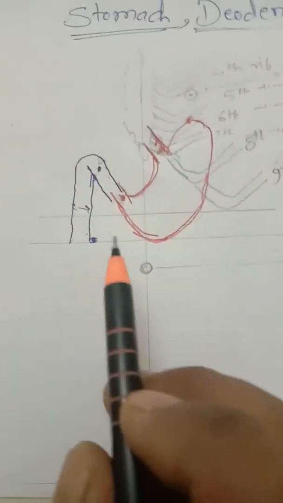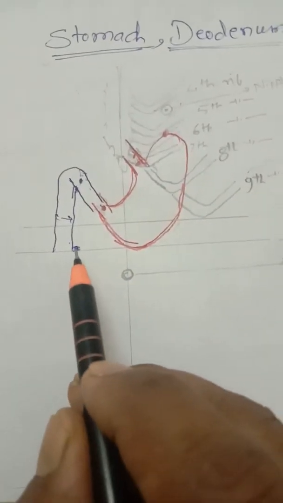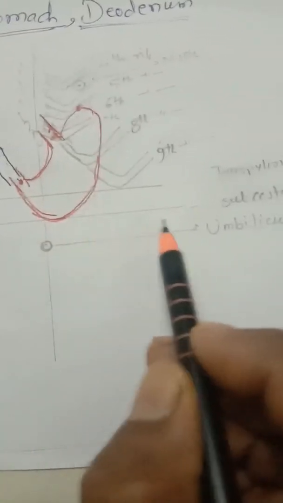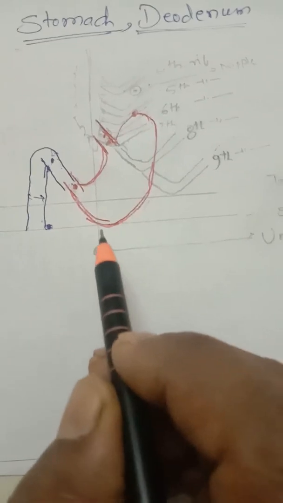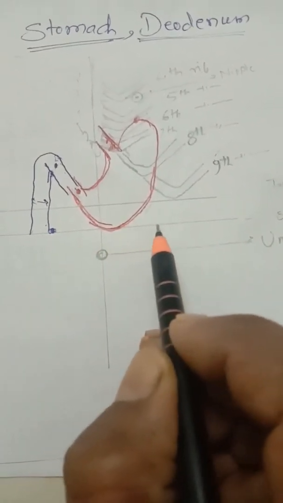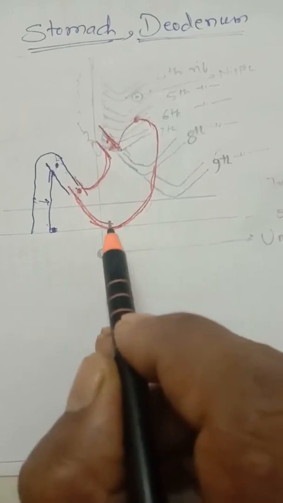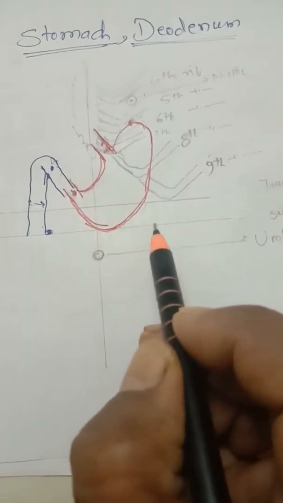After that, the third part of the duodenum. The third part should be present on the subcostal plane, above the umbilicus, and this line is present transversely and continues just to the left of the median plane.